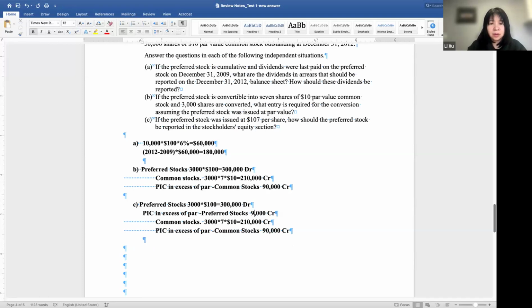So here should be 3,000 multiplied by 7, which gives you 21,000, and here it's going to be 1, a debit. So you have a 2 debit and a 2 credit. Any questions?